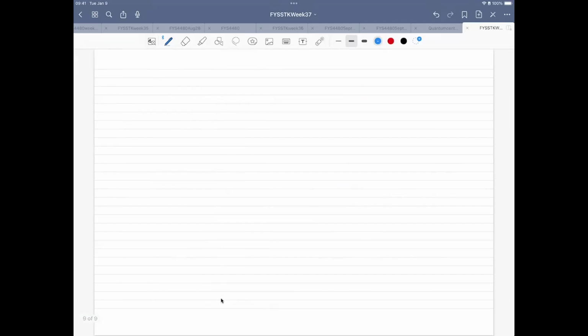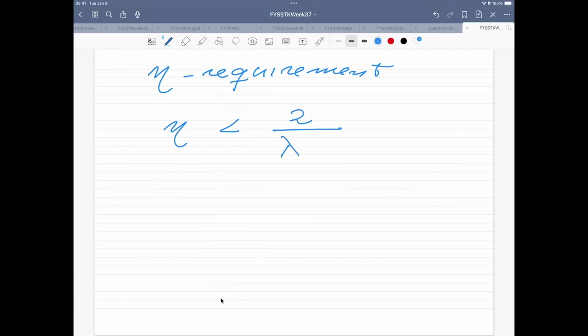So the eta requirement is that eta should be smaller than 2 over lambda max, where this is the largest eigenvalue of the Hessian matrix.